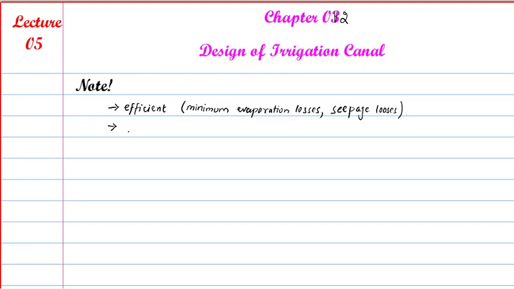And the other important point is that we should reach the destination point in the shortest possible time.